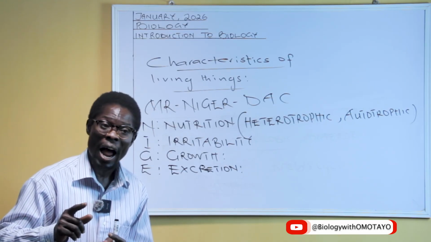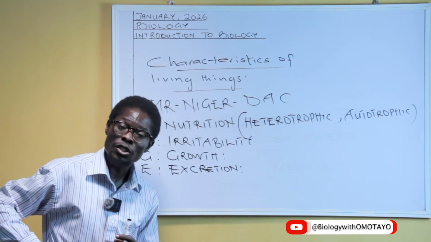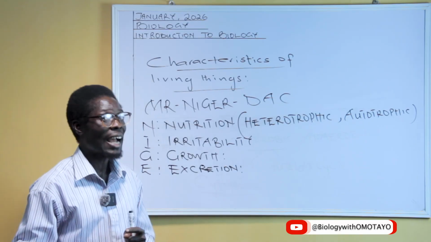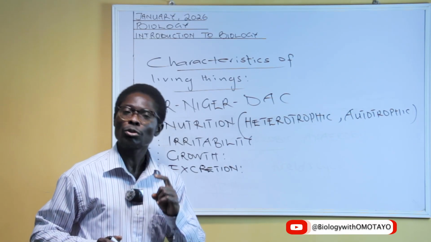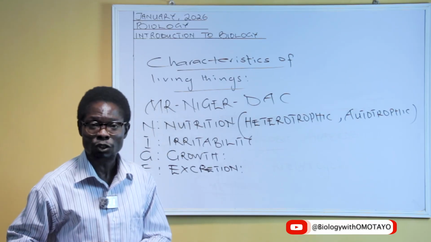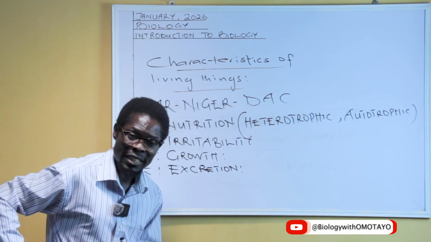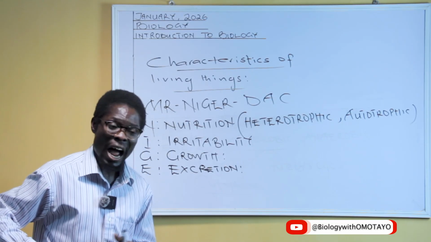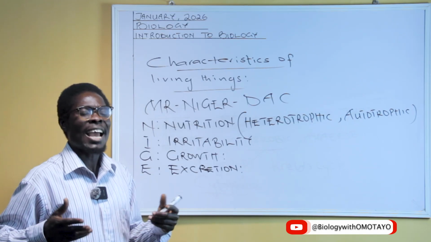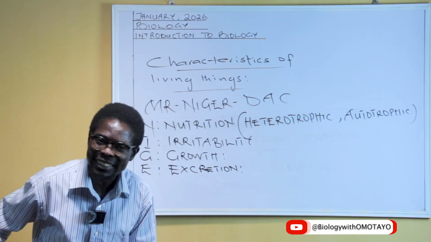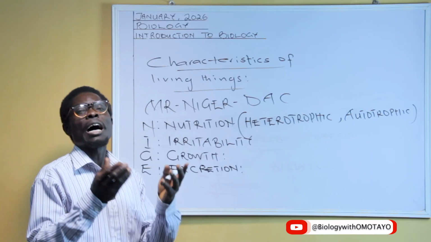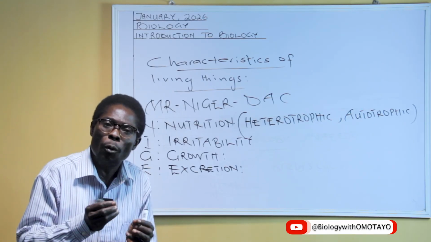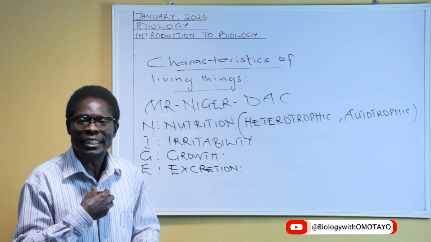That is the reason why our feces is not being referred to as an excretory product. In fact, it is not too good to refer to it as excrement or excreta. Actually, the act is the act of defecating, because what we are passing out is undigested components of the food taken in.